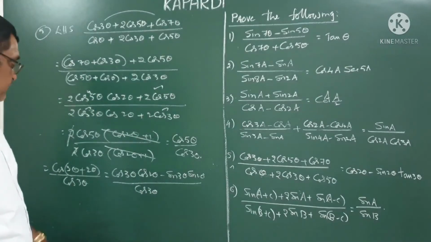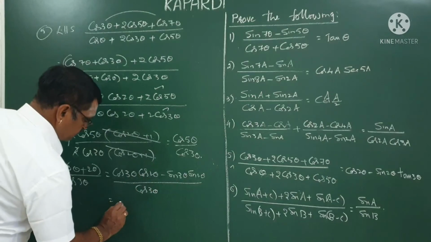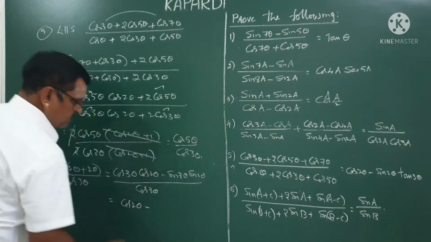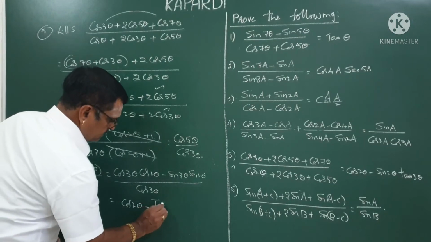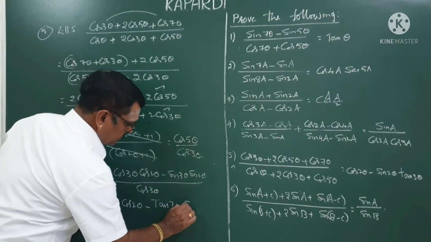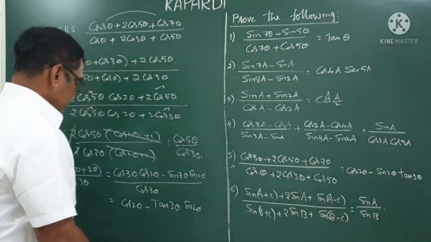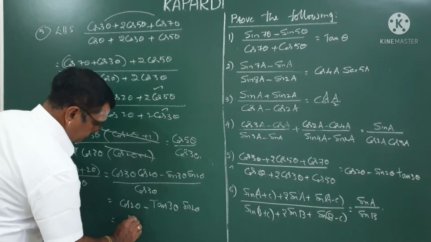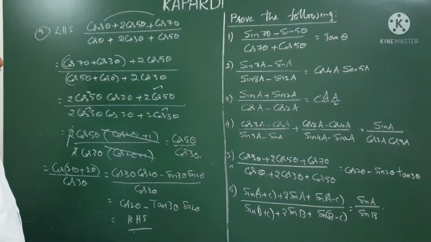Now open the bracket. Cos 3 theta by cos 3 theta will get cancelled. So you have cos 2 theta minus sin 3 theta by cos 3 theta, which is nothing but tan 3 theta, and remaining sin 2 theta. Now is it matching? Yes, it is matching, which is equal to my right hand side. This solution also over.